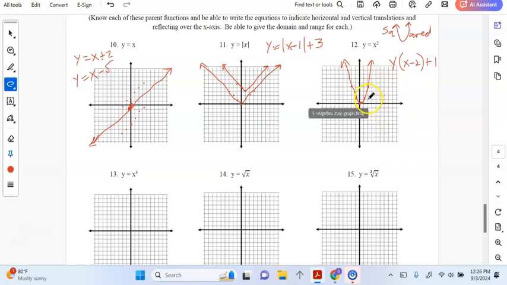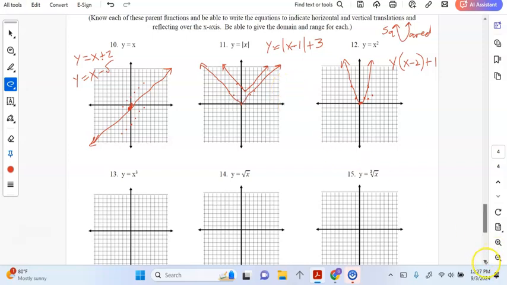And then up 1. Very good. And that becomes your new graph. So every one of these points just moves the same way. Every one of those 5 points goes 2 to the right and 1 up. And then you make your new U from there. It's going to be easier for you to do on paper than it is for me on this, but did I lose anybody?